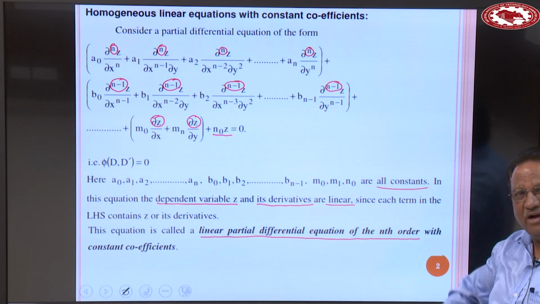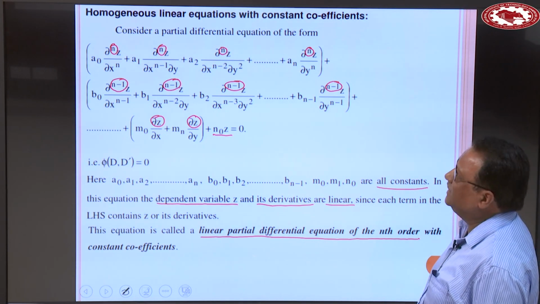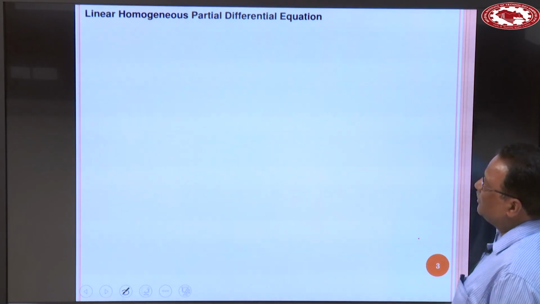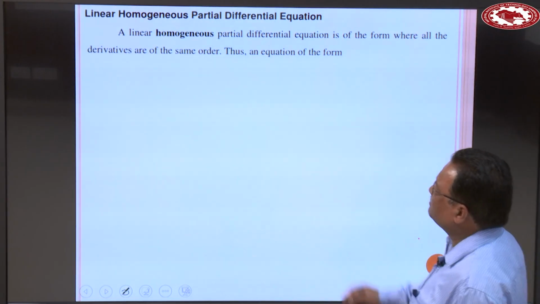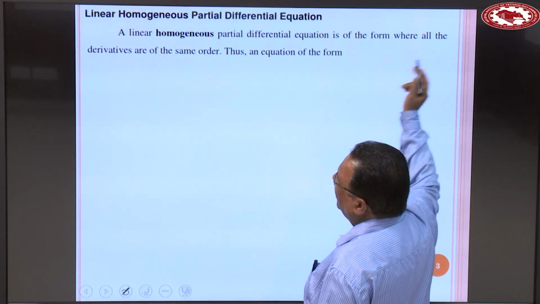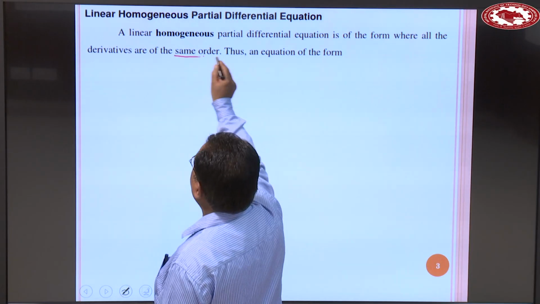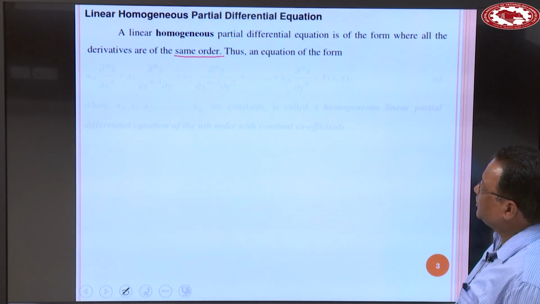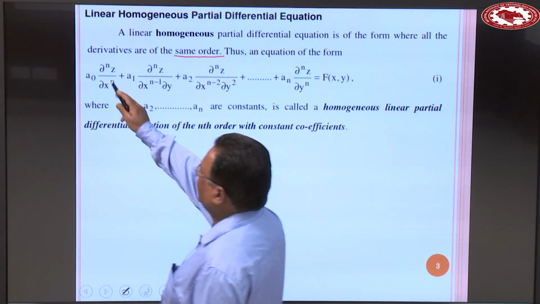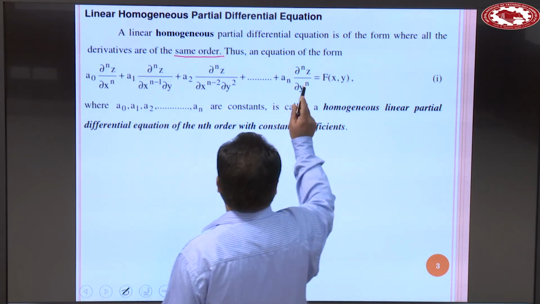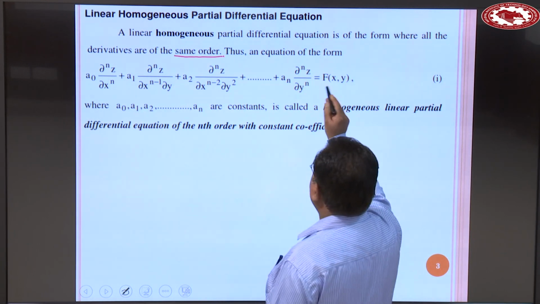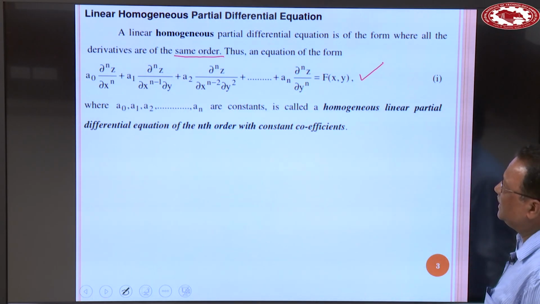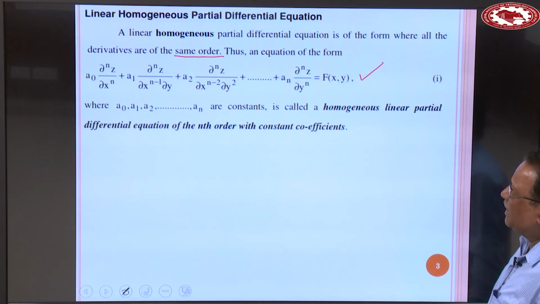Now the question is, how can you define homogeneous linear equations with constant coefficients? A linear homogeneous partial differential equation is of the form where all derivatives are of the same order. Thus an equation of this form, a naught ∂ⁿz/∂xⁿ and so on, an ∂ⁿz/∂yⁿ equal to f(x, y), this type of equation is known as a homogeneous linear partial differential equation.